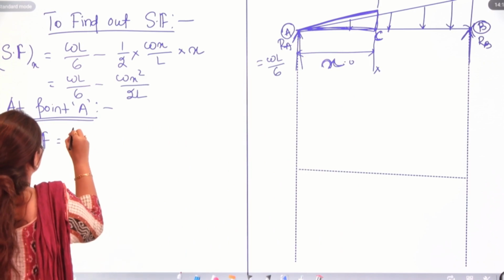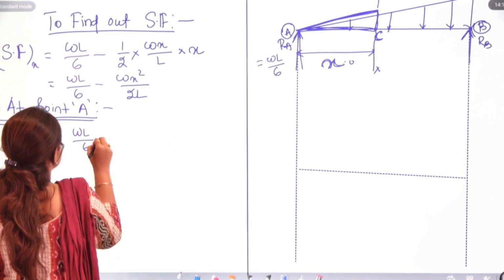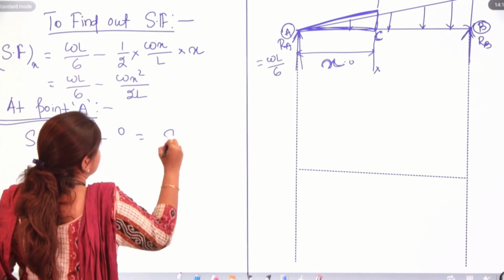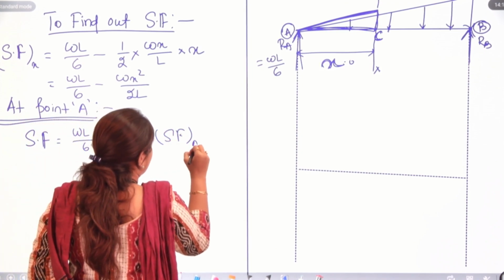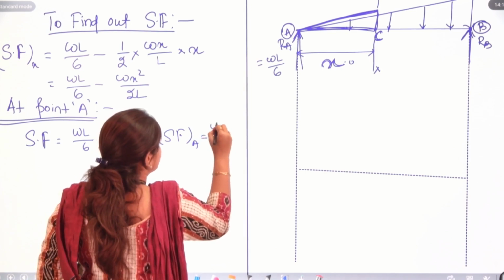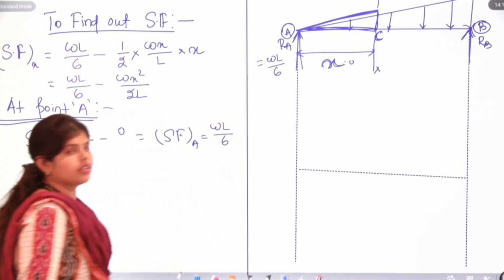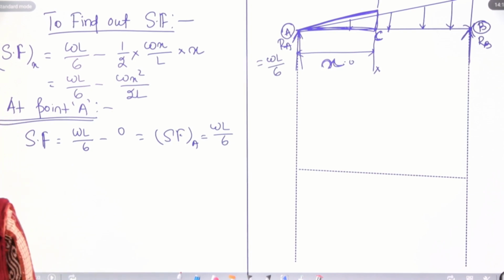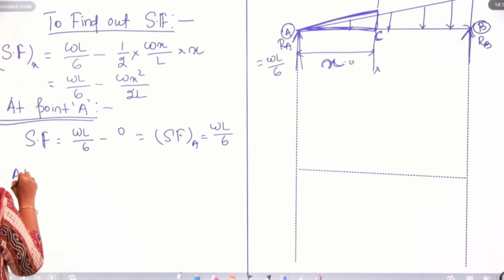So, here WL by 6 minus 0. So, shear force at A is going to be WL by 6.